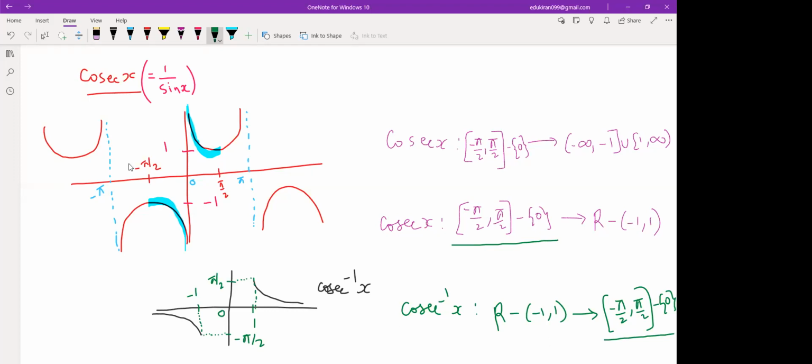At 0, the cosec x is not defined. Cosec x is not defined at x is equal to 0 because sine 0 is 0 and it is the reciprocal.